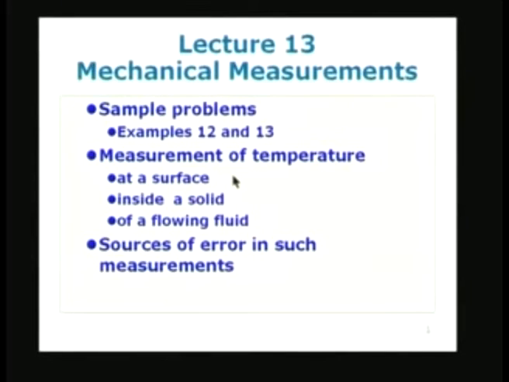Now, I am going to look at what is involved when we want to measure the temperature at a surface, inside a solid, and of a flowing fluid. The reason why I want to do this is to indicate the way we are going to do that physically, what is the method we are going to use, and secondly, what are the sources of error in such measurement, which is also of importance to us.